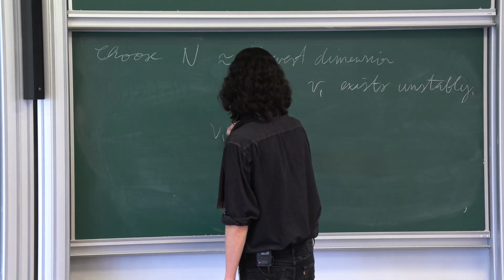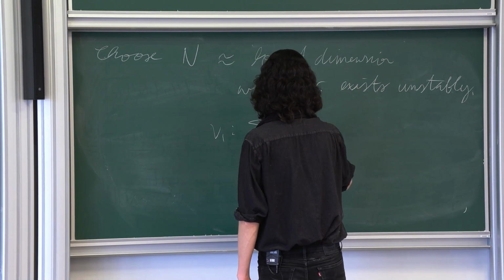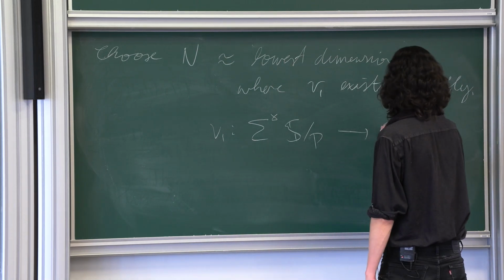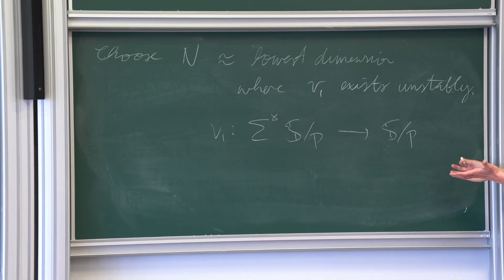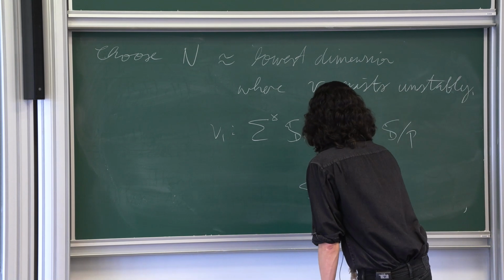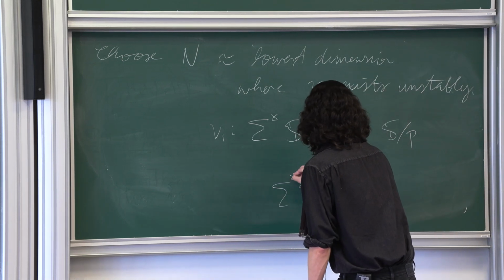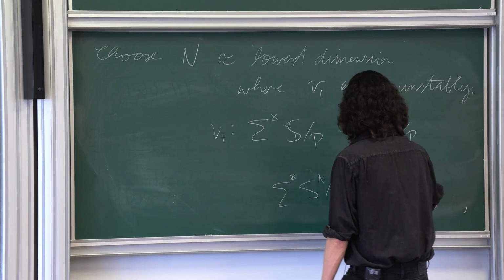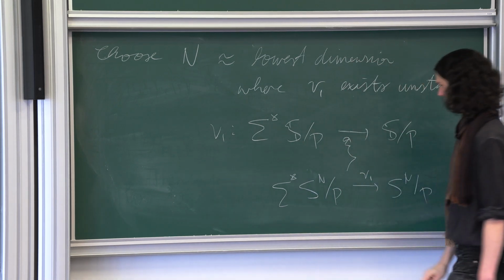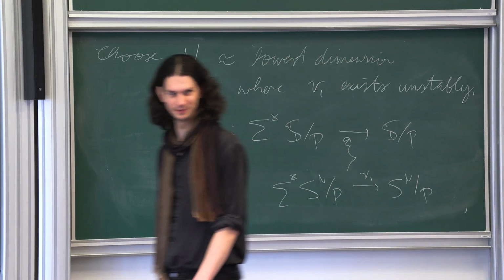Recall that V1 was this map from some suspension of S mod P to S mod P, but because it's a map between finite spectra, it has to come from some map between finite spaces. So there's some suspension of S^n mod P mapping to S^n mod P, and then we have some unstable V1, which gives rise to this. That's basically going to be our capital N.